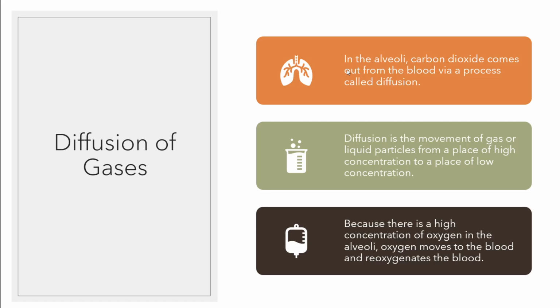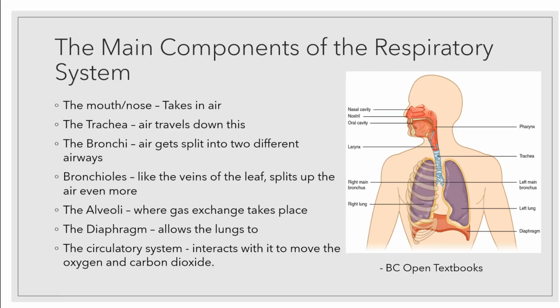In the alveoli, carbon dioxide comes out of the blood via a process called diffusion. Diffusion is the movement of gas or liquid particles from a place of high concentration to a place of low concentration. Because there's a high concentration of oxygen in the alveoli, the oxygen moves to the blood and reoxygenates the blood so that it can be used in respiration.